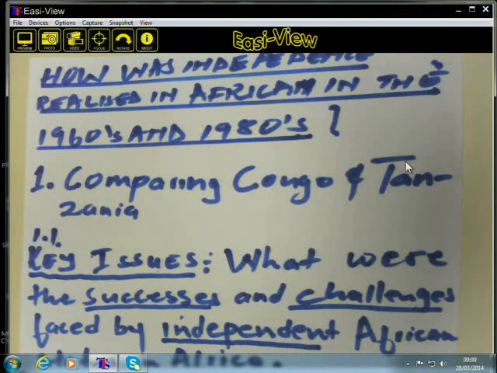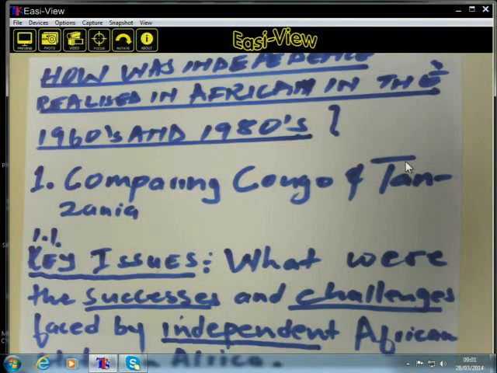The key issue here is what were the successes and challenges faced by independent African states in Africa. Learners, we should take care of that. We must be in a position to understand the successes and challenges faced by African states.